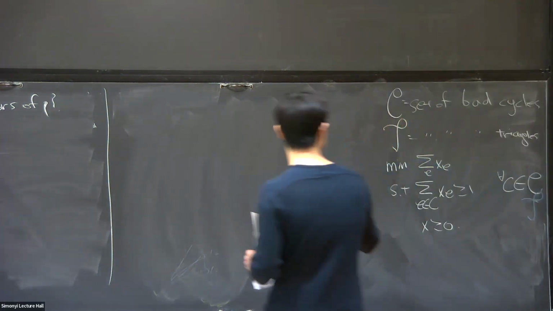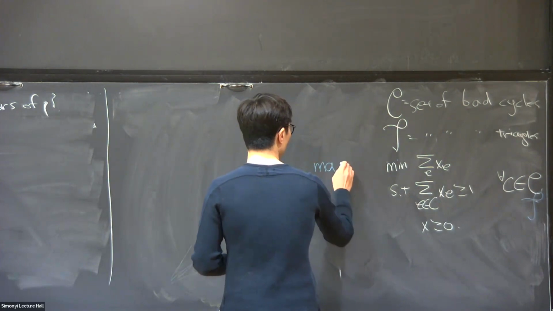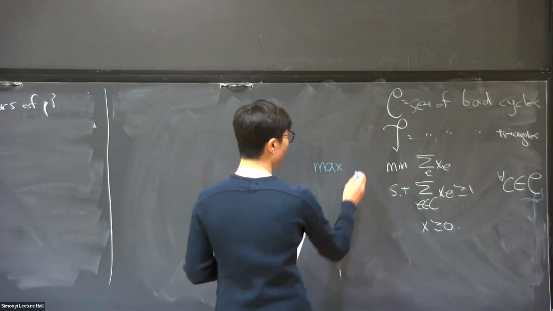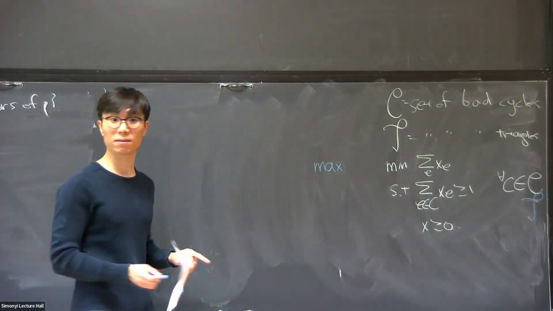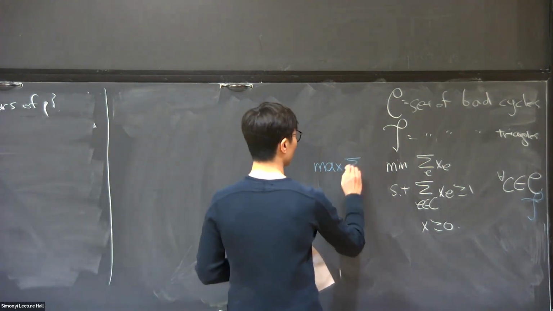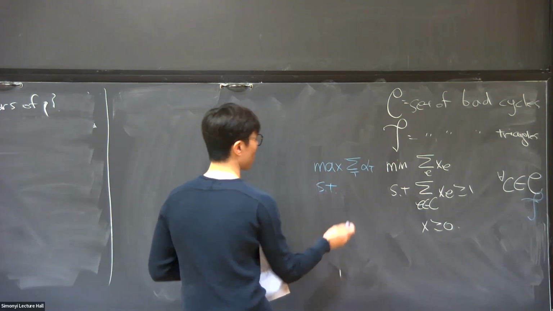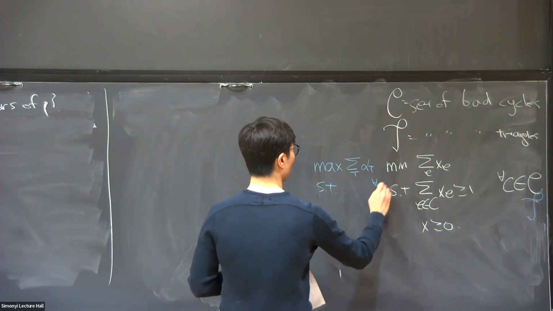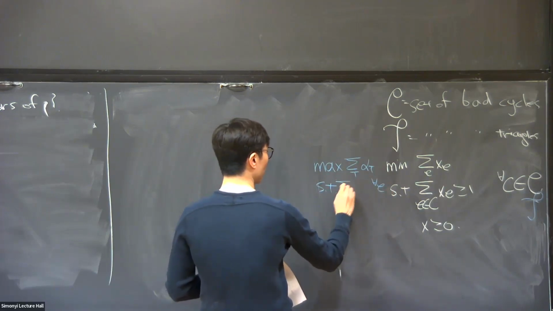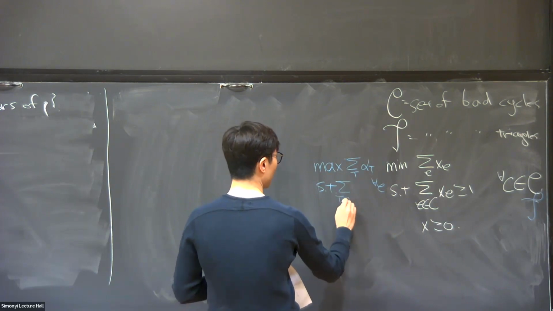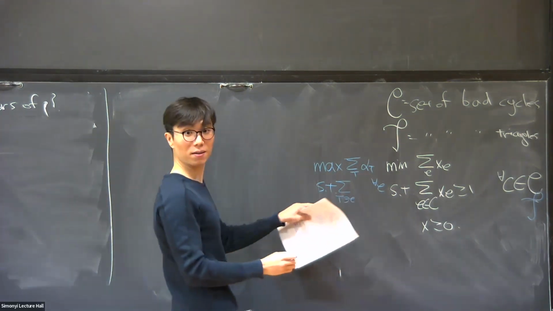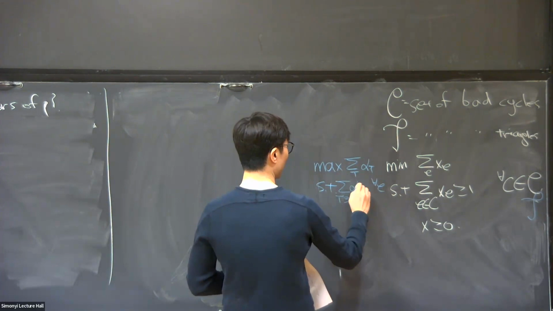Then the dual is going to be: I have a variable for each bad triangle, such that for every edge e, the sum of alpha_T over all bad triangles T containing e should be at most 1.